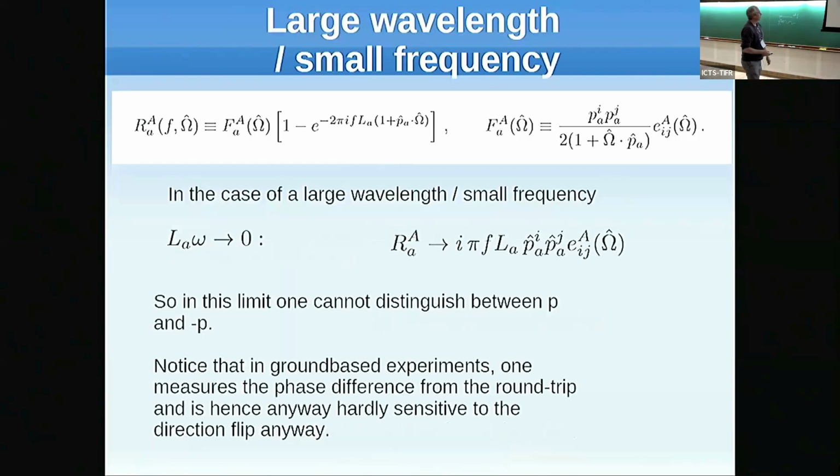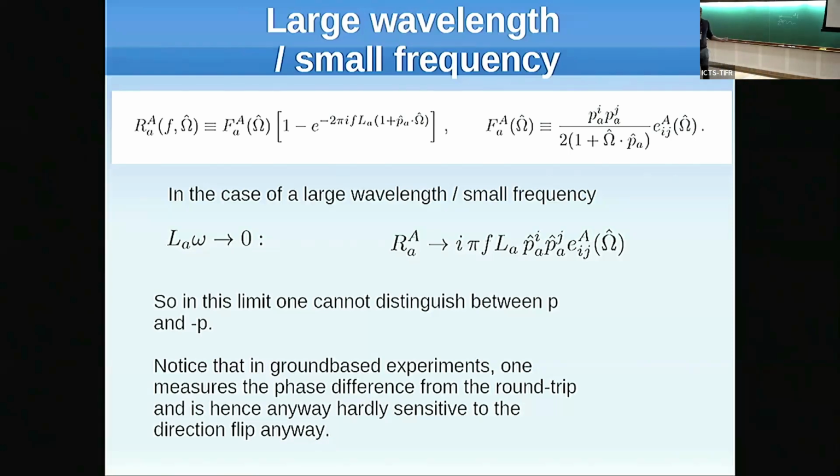Let's consider another limit, which was asked at some point in another lecture, the large wavelength or small frequency limit. So now we take the limit where L times omega is small, which means, this should be f, sorry. So this means this guy is small, so you can again do the same trick. You can expand this guy, and then you get for the response function again this expression.